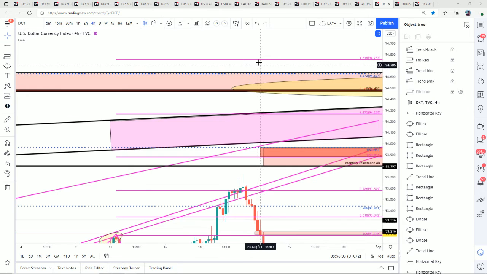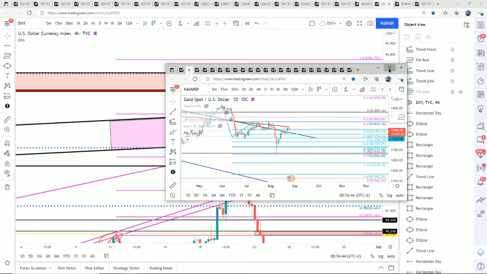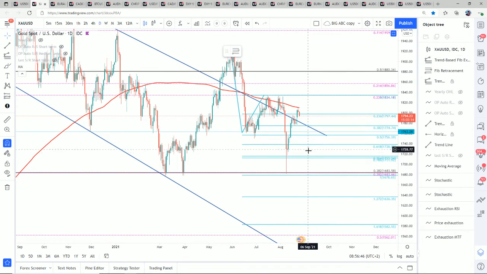So when we will be in the 94.50 to 94.75, that's when gold for me will be a long entry again, and where we will run it.